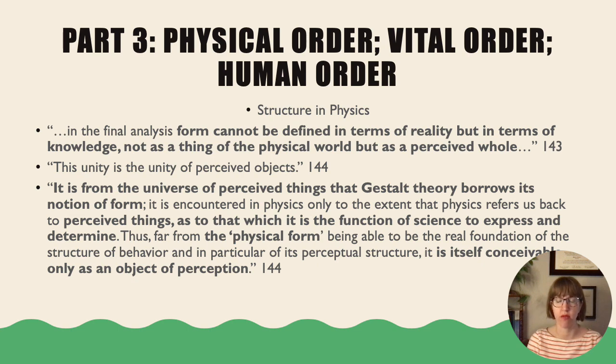So this slide is really like the thesis of this book. It's what he's been working up to. And it is significant, I think, that he has this wording, this unity is the unity of perceived objects. So he's still using this word object, but they are only distinct through perception. They're only determined because there is this element of perception, this perspective of the thing.